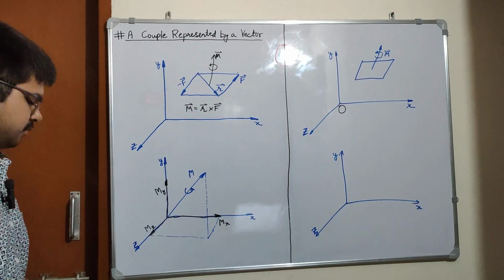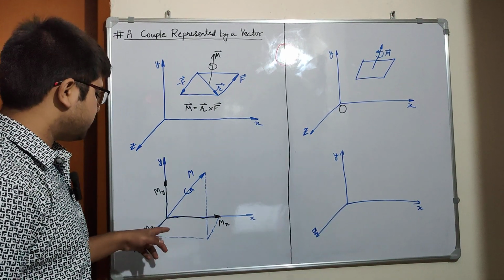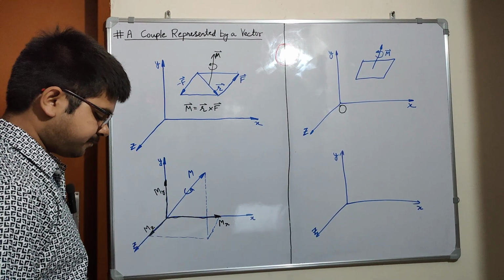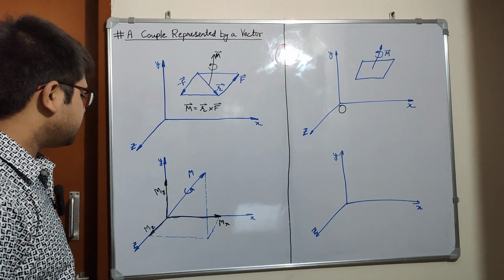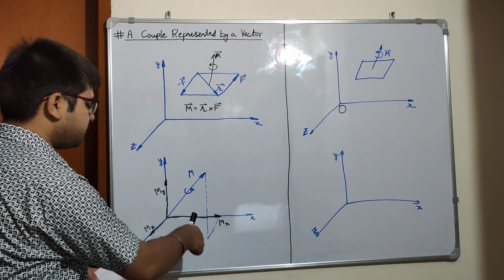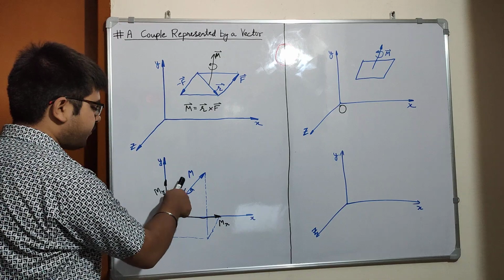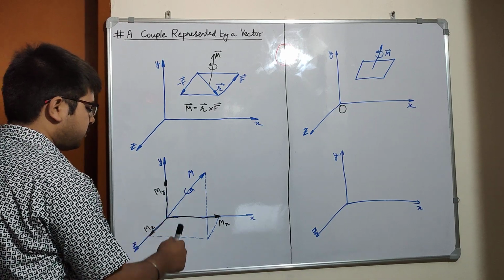So we have the three components here, and these directions would be the same as the M vector, that is in the anticlockwise sense.